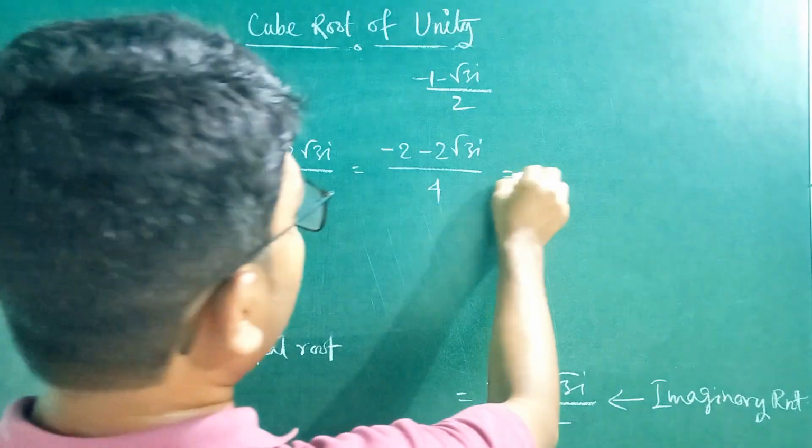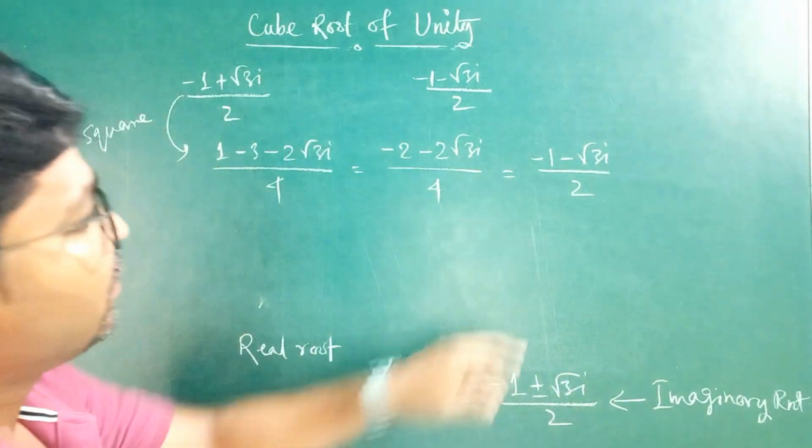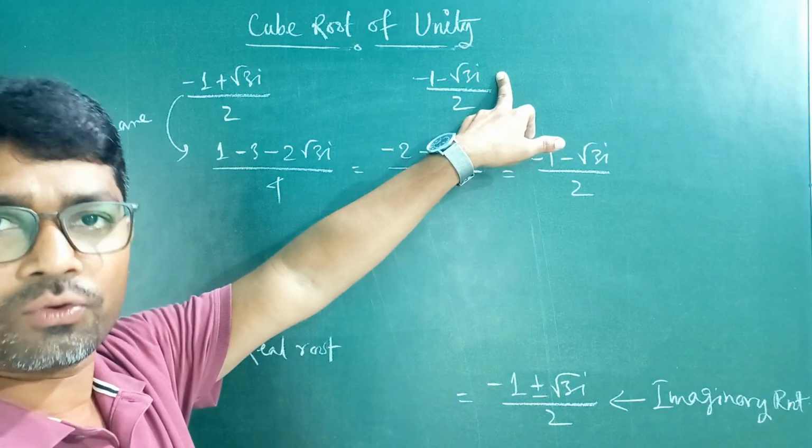And if you cancel 2, you get minus 1 minus root 3 i by 2. That is the other root.